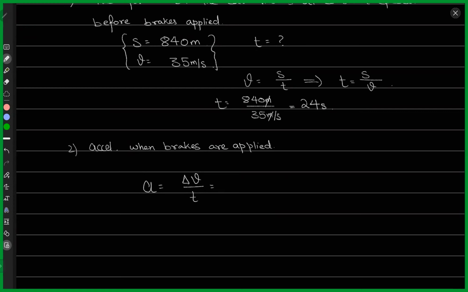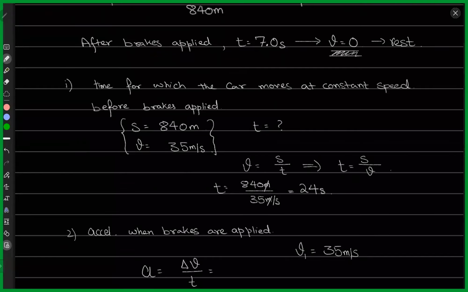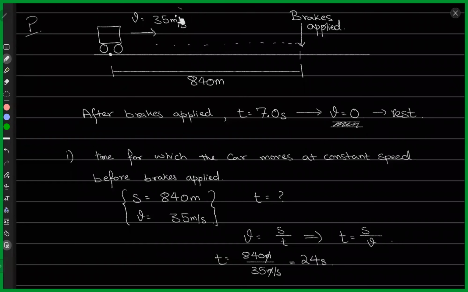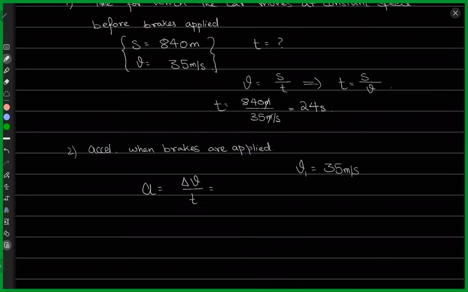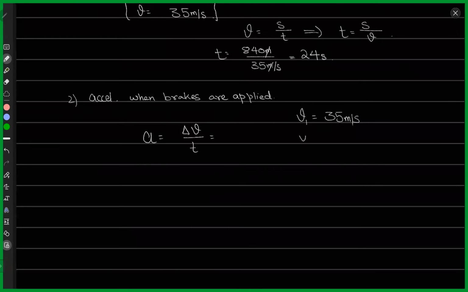Now, what is the velocity before? We know that it is traveling at a constant speed of 35 meters per second. That was the speed that the car is initially traveling at. And at some point the car is going to come to a stop because of the brakes, which are producing deceleration or negative acceleration. So the final velocity of the car is 0 meters per second, right?